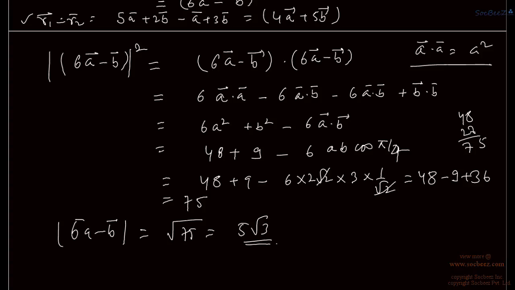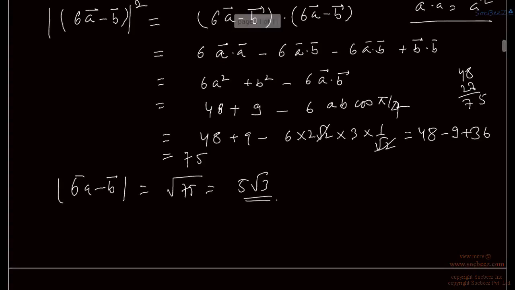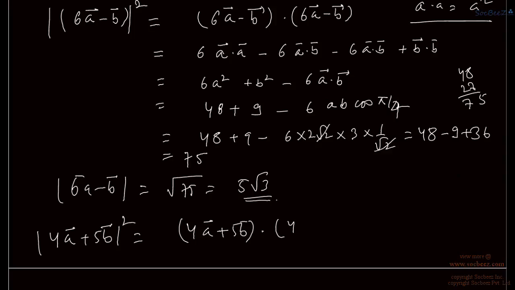Now we will be finding the length of diagonal r1 minus r2, which is equal to 4a plus 5b. So we have 4a plus 5b square as 4a plus 5b dot 4a plus 5b, which is equal to 16a square plus 40a dot b plus 25b square.